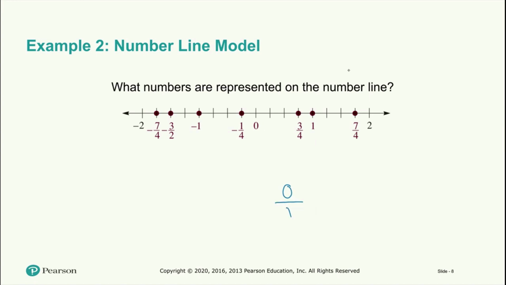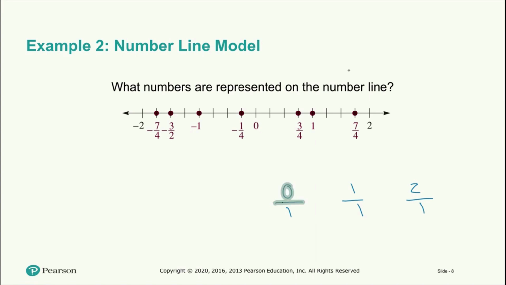Or 1 can be written as 1/1, 2 can be written as 2/1. So this gives us an interesting indication that it appears that we can do that to all integers, right? We can take any integers and put a denominator of 1 under it. Therefore, this is what makes the entire set of integers a subset of the set of rational numbers, right?